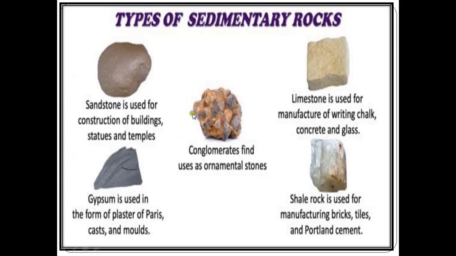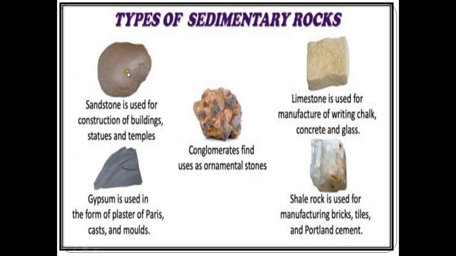This conglomerate is also similar to sandstone, and it finds uses for ornamental purposes, as ornamental stones. We can see such kinds of stones in ornaments. Also, another is the shale rock, which is used for manufacturing bricks, tiles and Portland cement. Such a kind of rock you will find in bricks, tiles and Portland cement.